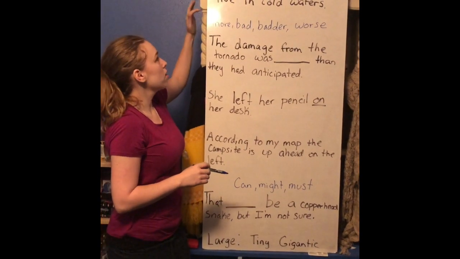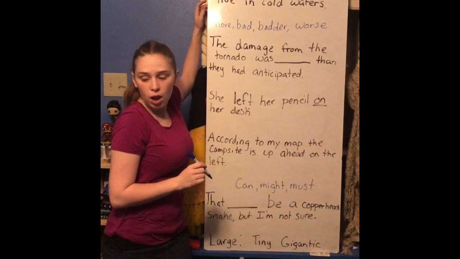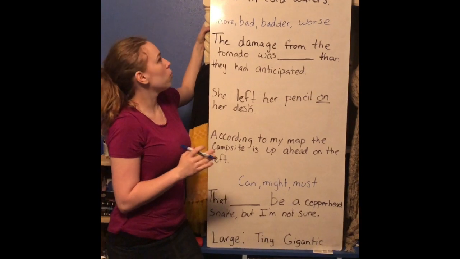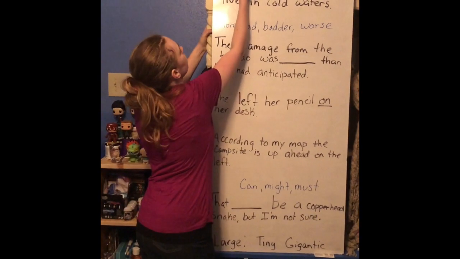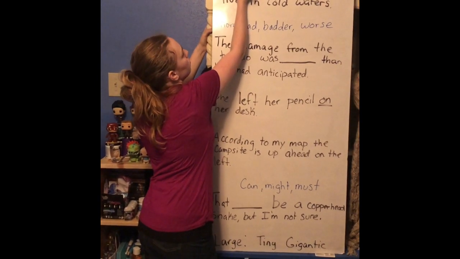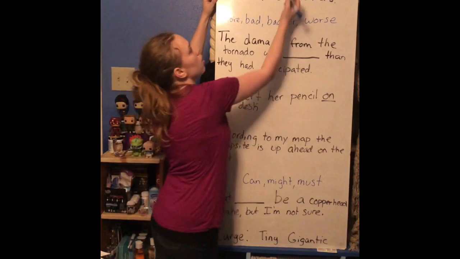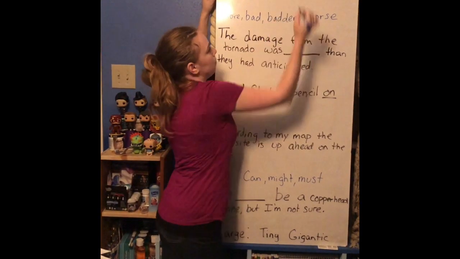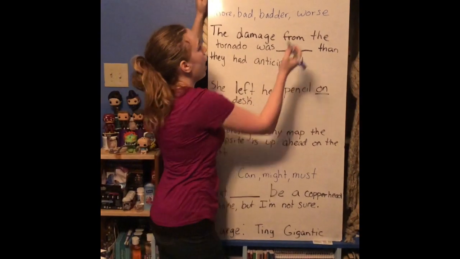So the first one is a sentence. Orca whale often live in cold waters. We're going to identify what each of these words are. So orca is the adjective. Whale is a noun. It's talking about an animal. Often is the adverb.